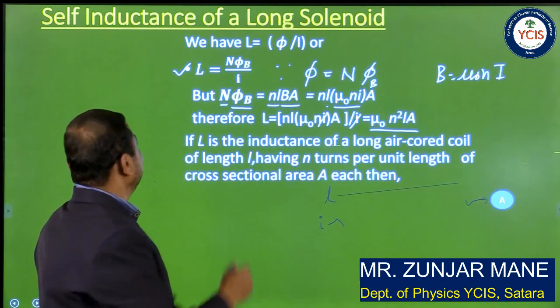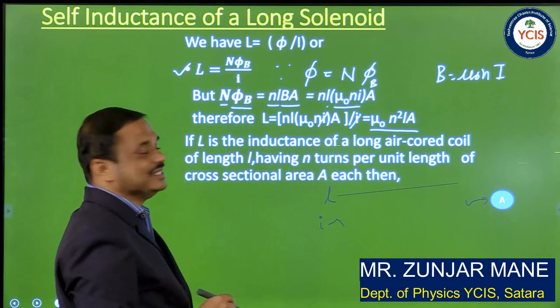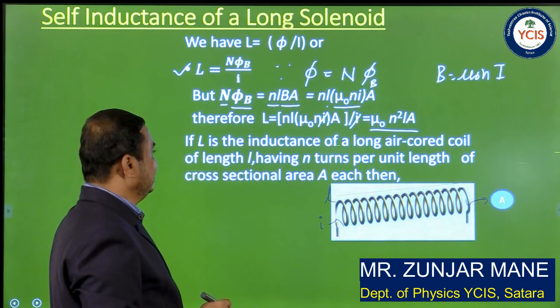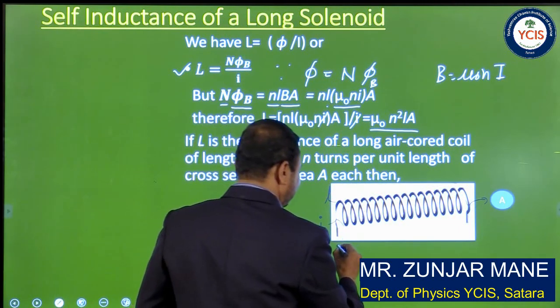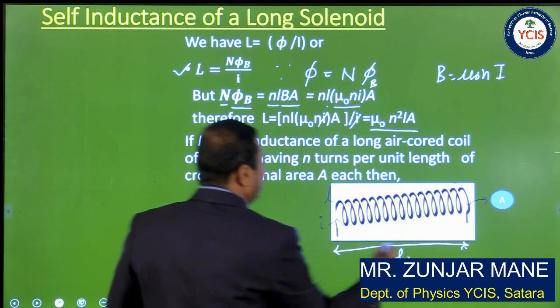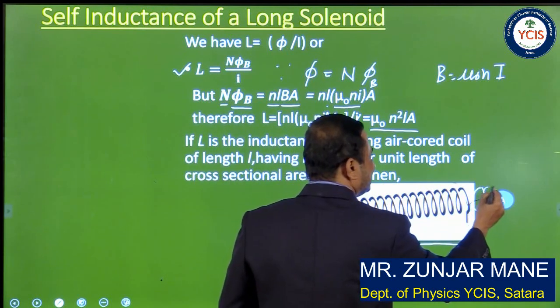So L is the self inductance of a long air cored coil. Small l is the length of that solenoid. Then what is A? That is the area of cross section.